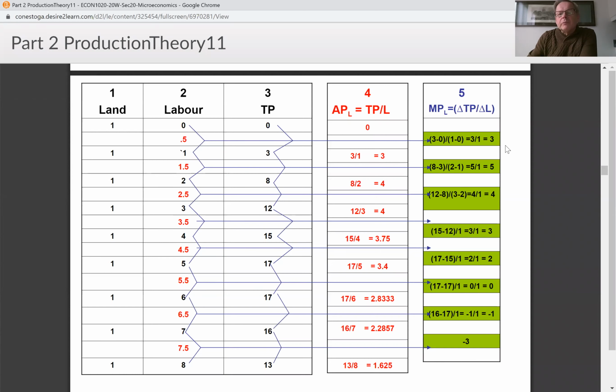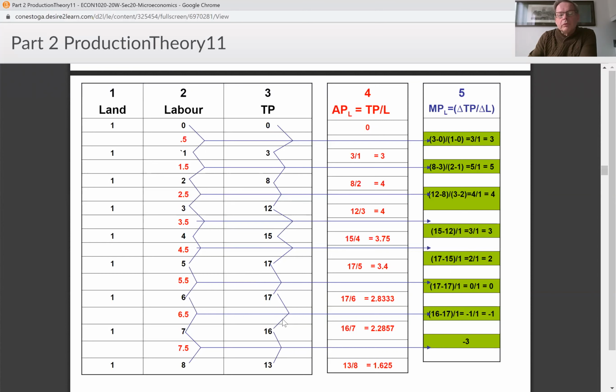You will see that the marginal product of labor curve rises very quickly. It goes from 3 to 5, and then it starts to decrease. This means that the total product is increasing at a decreasing rate. So you see it goes up to 3, 8, 12, 15, 17. It maxes out at 17.